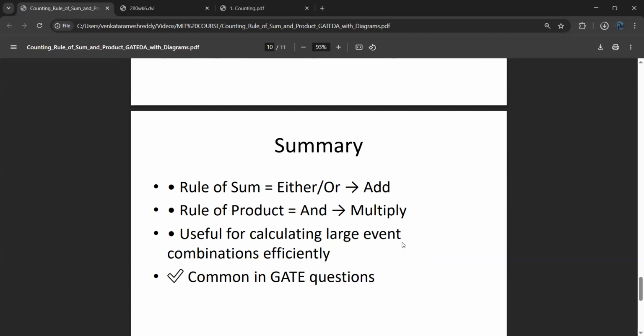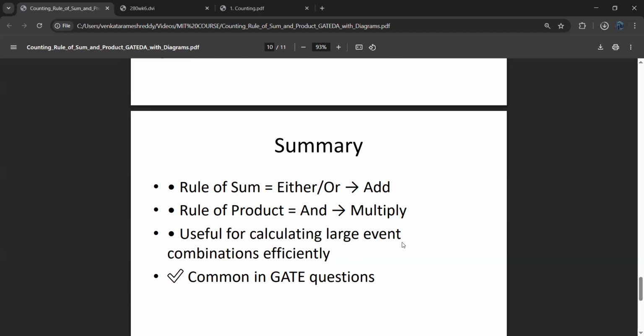Also, this counting rule of sum is useful for calculating large event combinations efficiently. If you want to do more calculations regarding combinations for large events, the rule of sum and rule of product are very useful, because calculating a huge number of problems is not an easy task.